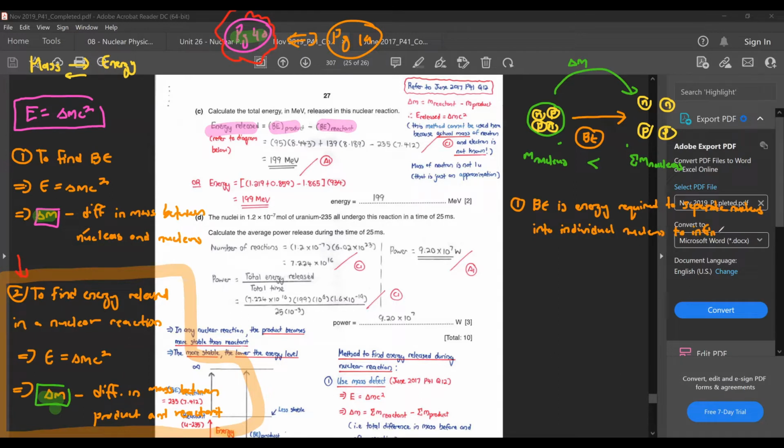So this is one thing that you just remember first. BE by right is normally defined as whatever energy you take to separate a nucleus into individual nucleons to infinity. That's number one.